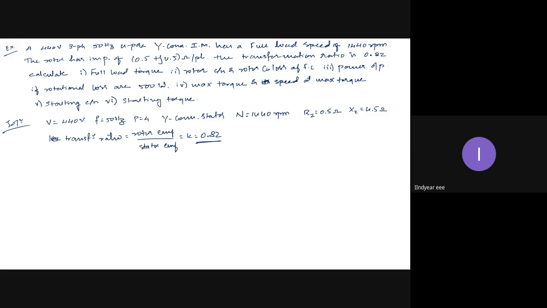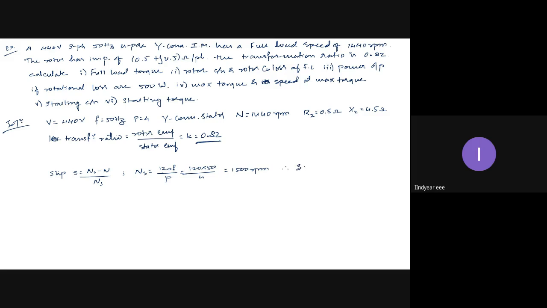Next. Yeah. So other things you have to calculate. I will not rewrite that. We'll move. So first thing what we need to know is the slip. Okay. So slip S is equals to Ns minus N divided by Ns. So Ns is equals to 120 F upon P, that is 120 into 50 divided by 4 is 1500 RPM.